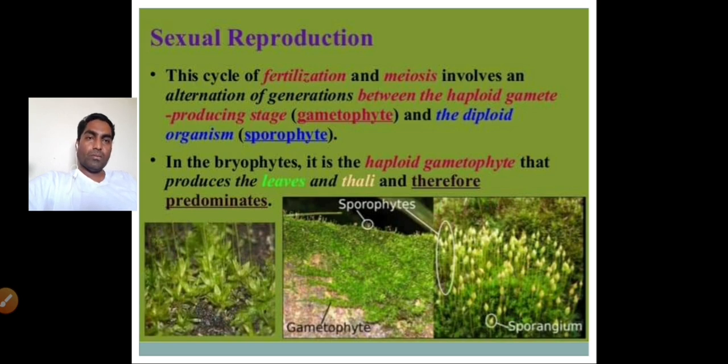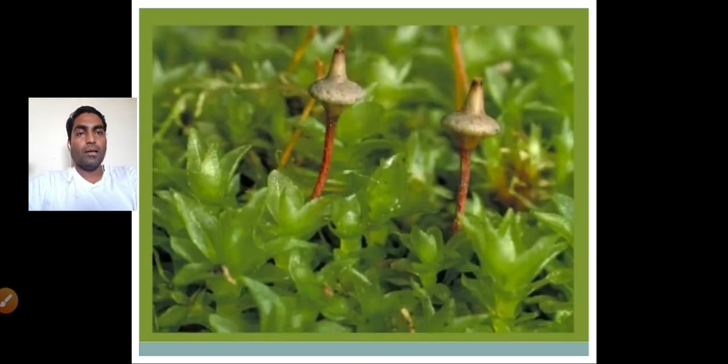In sexual reproduction, the reproductive structures are produced, and by their fertilization sexual reproduction occurs. In bryophytes, it is the haploid gametophyte that produces the leaves and thalli, and therefore this is the predominant one. Here you can see how the gametophyte is going to produce the sporophytic structure.